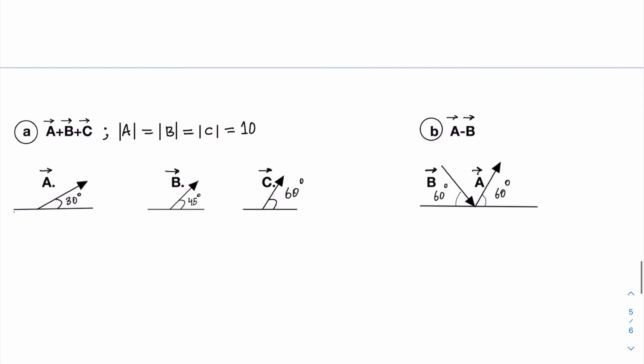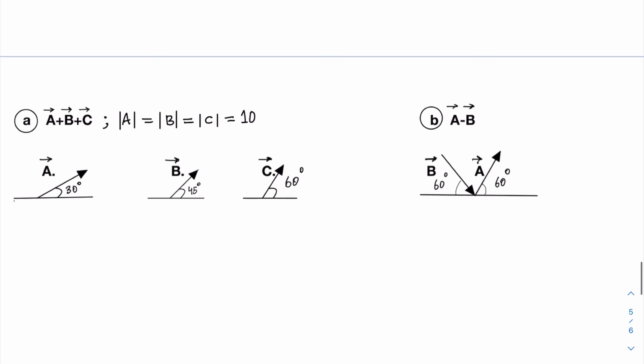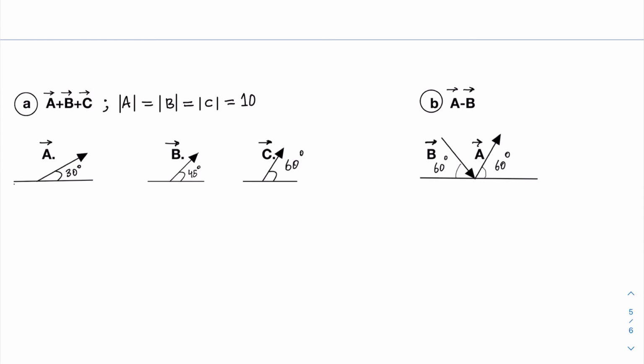So in this case, let's solve this problem. Problem number A, letter A. I will break A into components, Ax and Ay. The magnitude is given, 10. 10 cosine 30 degrees, 10 sine 30 degrees.